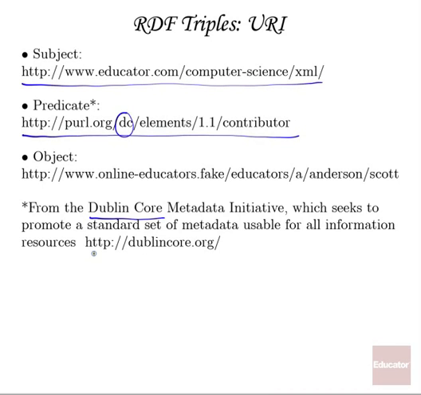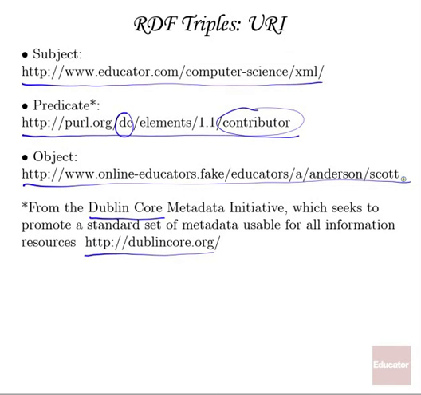And you can take a look at dublincore.org to see what their work looks like. Essentially what they've done is create a set of RDF-friendly elements that can be used to describe each of these. So contributor is one of these elements, and that can form our predicate. And then the object could be referred to by its own URI.